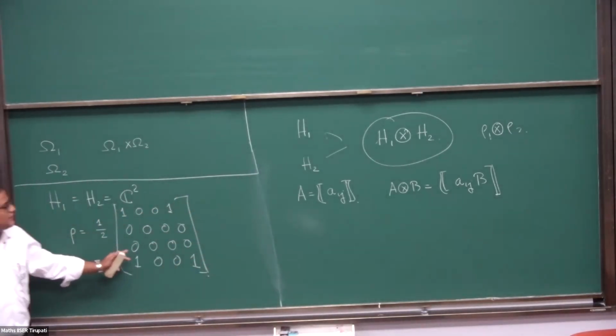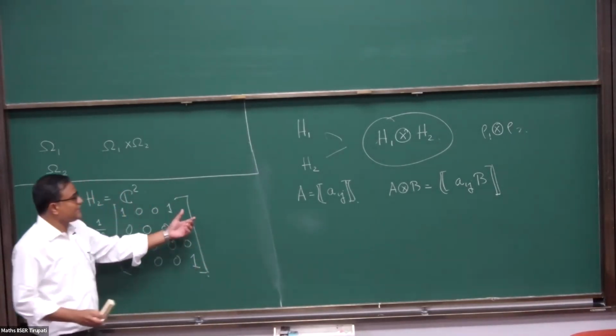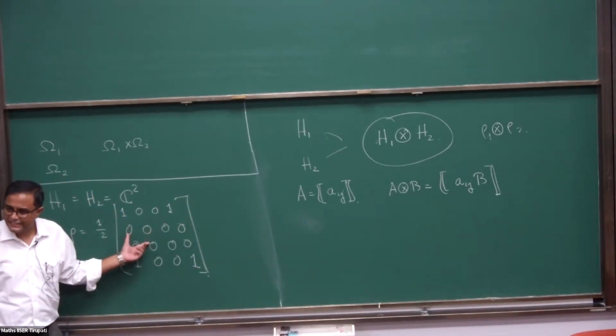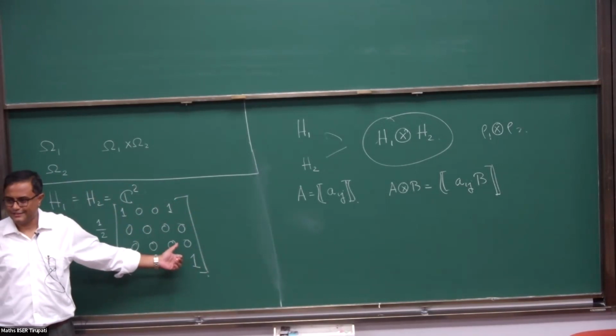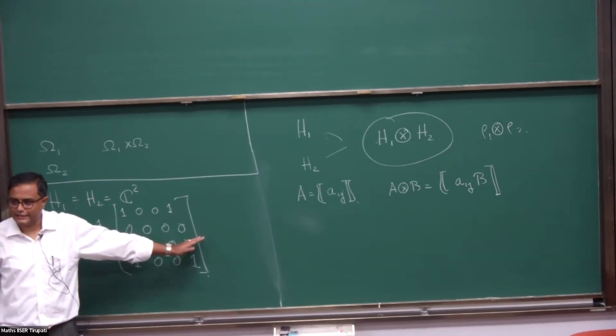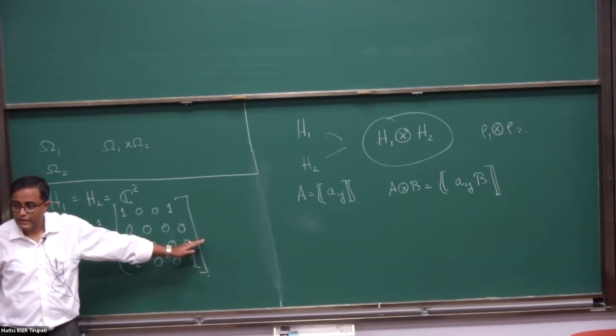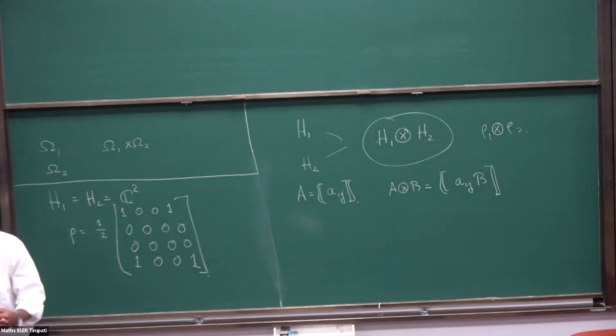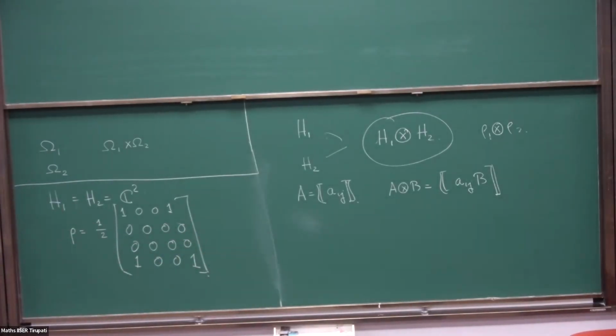Try to write it as a tensor product of two states; you cannot write that. This is an exercise I can give to the students. Actually, it is even worse. Not only can I not write it as a tensor product of two states, I cannot even write it as a convex combination of tensor products of states either.